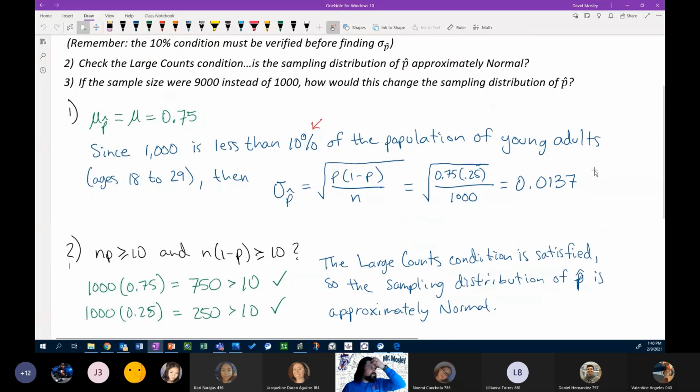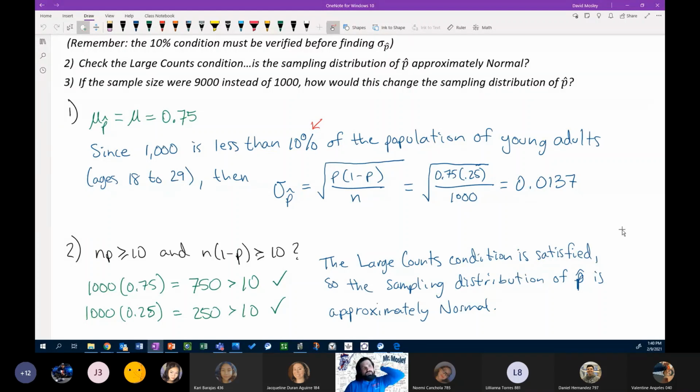And so our last question is, if the sample size were 9,000 instead of 1,000, how would this change the sampling distribution of p hat? This will have no effect on the shape, so we're still going to be approximately normal.